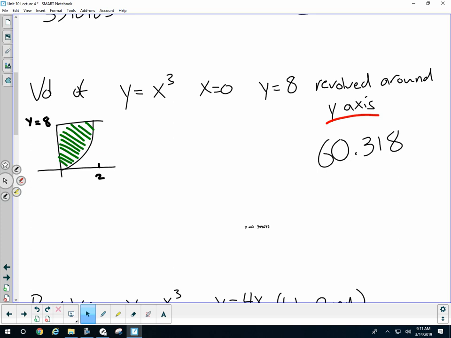There you go. Plug that in your calculator. You should get 60.318. Everybody should be plugging the integrals into their calculator to get the correct one.